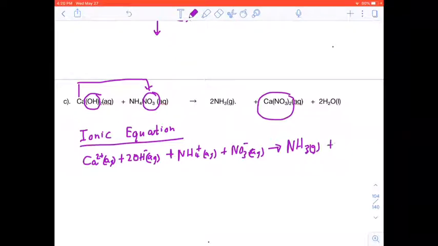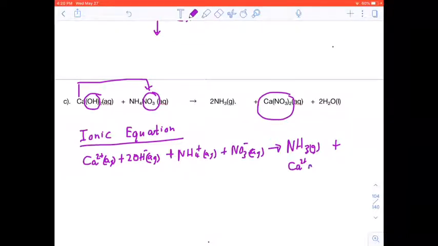Plus we have Ca2+, maybe let's just do it here. Plus, I'll write it here at the bottom.